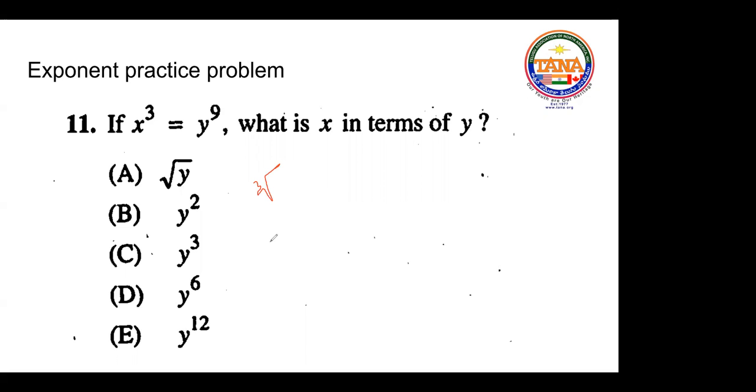The reason I do write that is because if you don't have a 3 here, that's the square root. What if I wrote the square root of 1/3 instead of that?